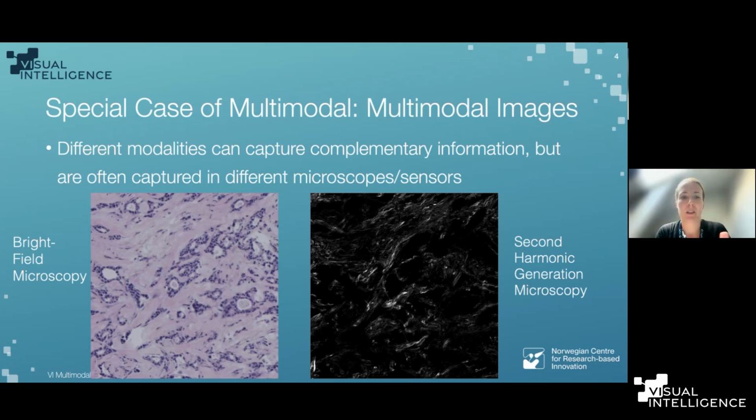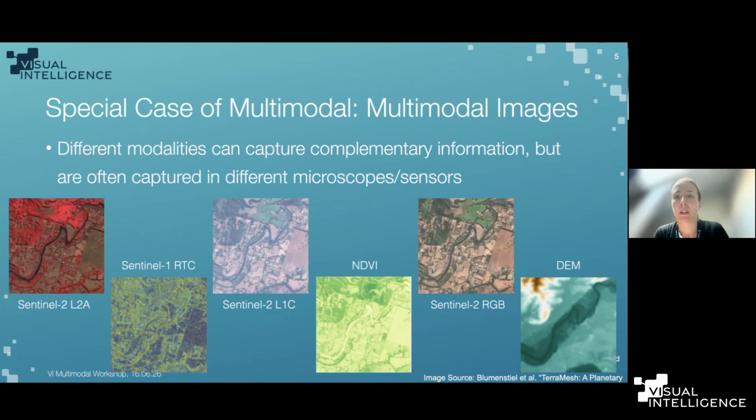One is very dense, extracting cell nuclei and collagen in the tissue, and the other one is having this sparse signal that's corresponding to particular molecules in my tissue. But I have it in Earth observation just as much, and really in any application, we very often have these types of multimodal images, right?